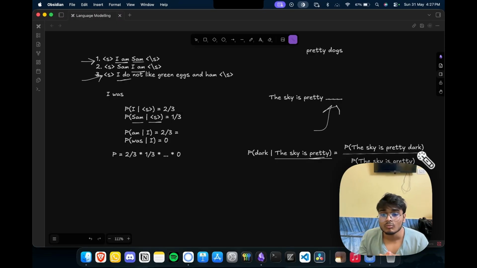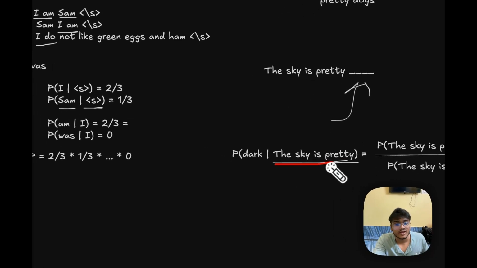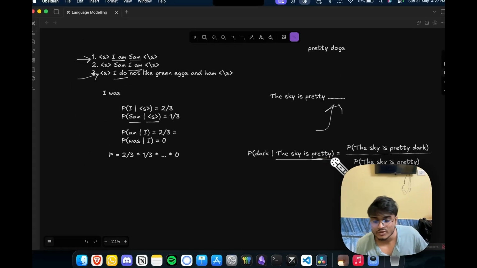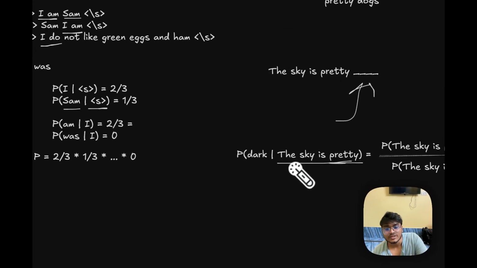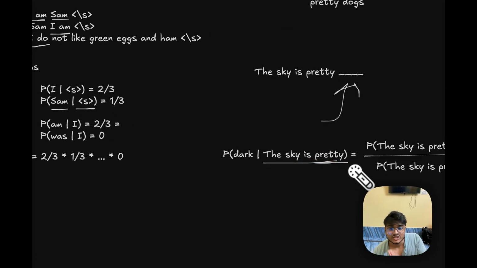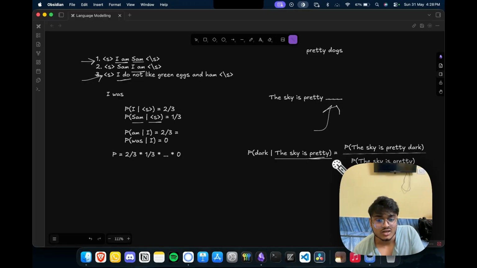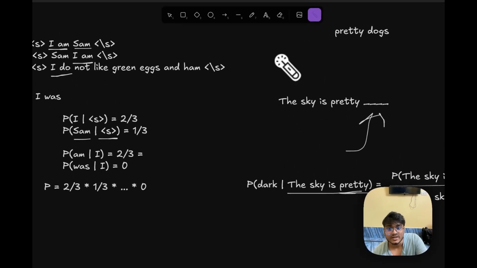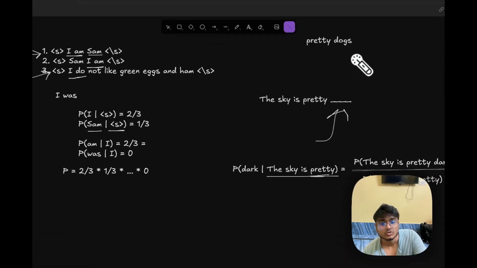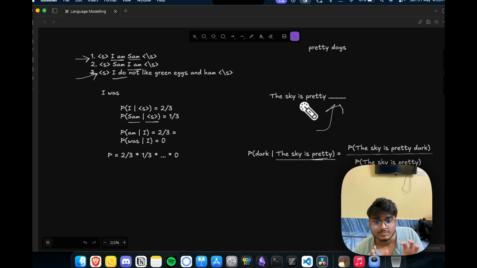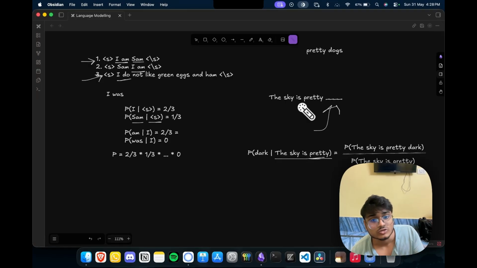So the more grams you use, this is not a bigram, it might be 4 grams, we can surely get dark more, because pretty dogs does not make sense. But if you're using bigram, the probability of "the sky is pretty dogs" can also happen, right? This is the thing I wanted to convey.